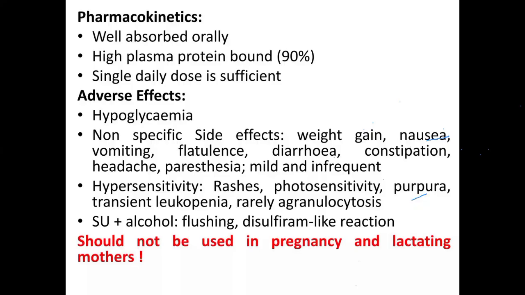Sulfonylurea is given for the treatment of diabetes mellitus, but if taken beyond the therapeutic range or therapeutic value, it can give hypoglycemia to a patient, that is, a decrease in sugar level. Non-specific side effects include weight gain, nausea, vomiting, flatulence, diarrhea, and other symptoms.